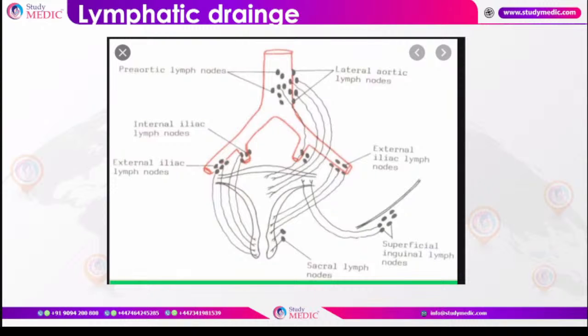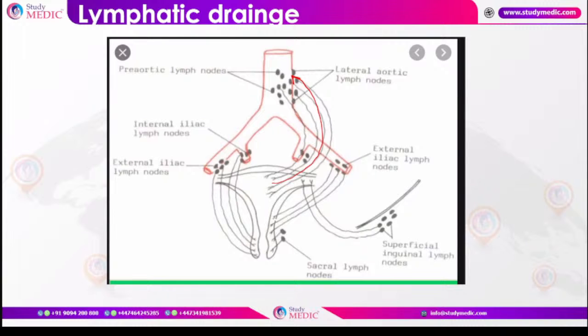Okay, so this is the fundus, this is the isthmus, and this is the cervix. The fundus is the uppermost part of the uterus. From the uppermost part of the uterus, the lymph goes directly to the uppermost lymph nodes, the para-aortic or pre-aortic lymph nodes. Very easy to remember.